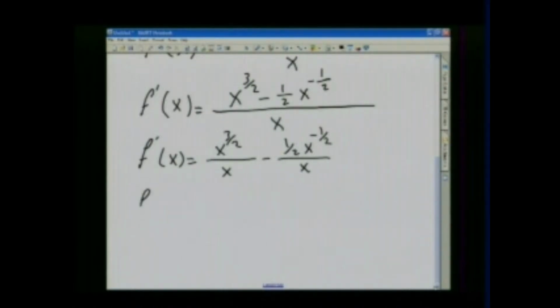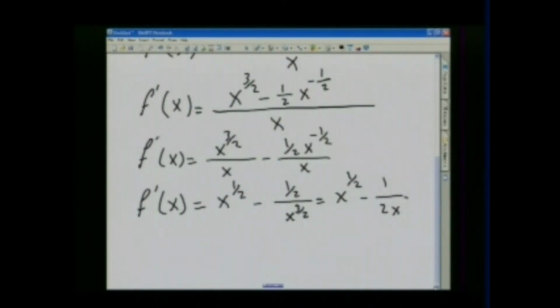From the earlier step, f prime of x, we know this would be equal to x to the 1/2, and here would be minus 1/2 divided by x to the 3/2, therefore equal to x to the 1/2 minus 1 divided by 2x to the 3/2.